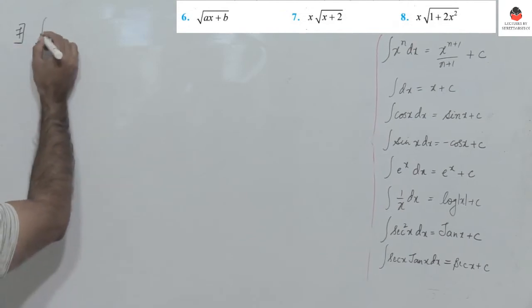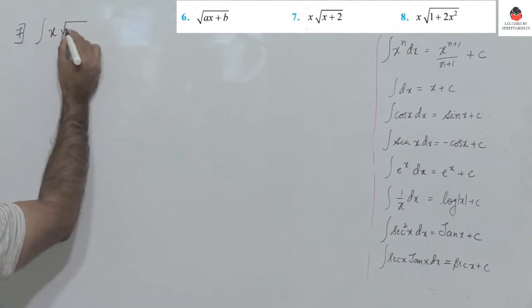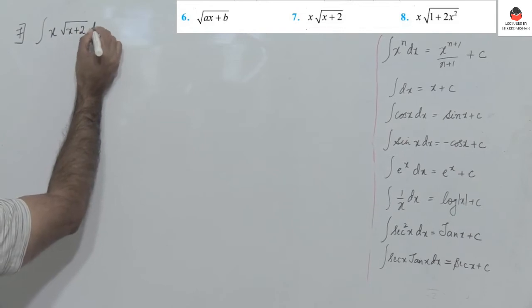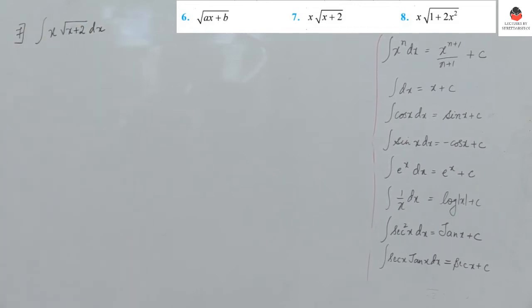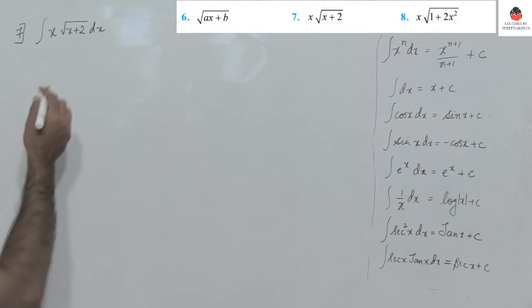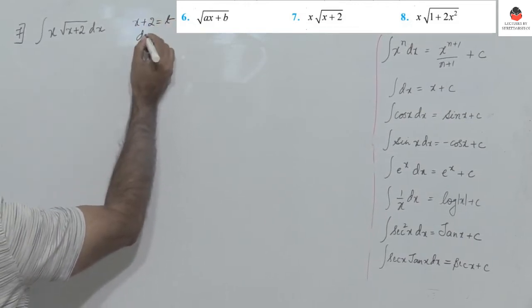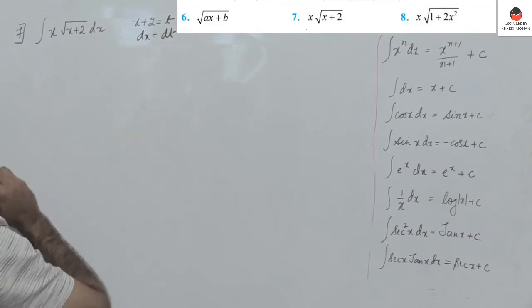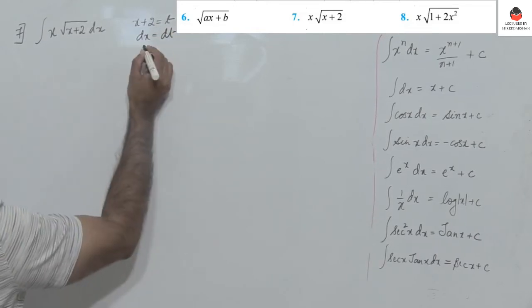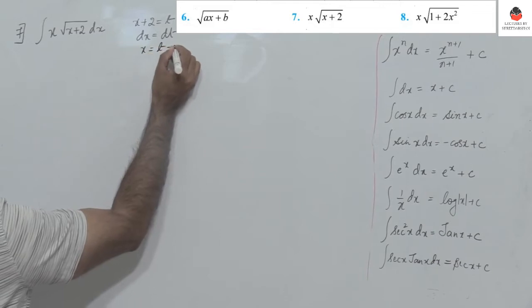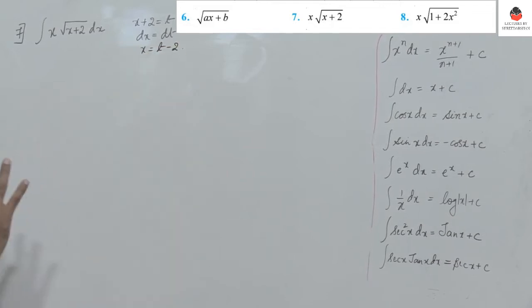Seventh one, integral x into root of x plus 2 dx. Right? So now let us put x plus 2 equals t. So if I put x plus 2 equals t, you get dx is equal to dt. And what is x? X is nothing but t minus 2. So we have to do all these substitutions.